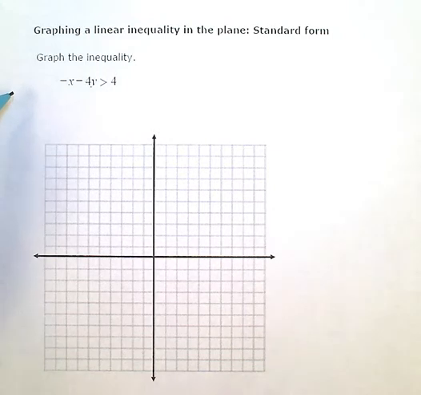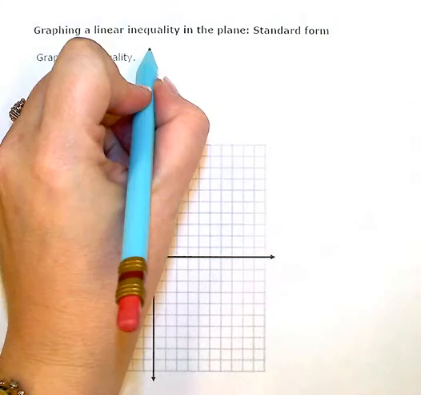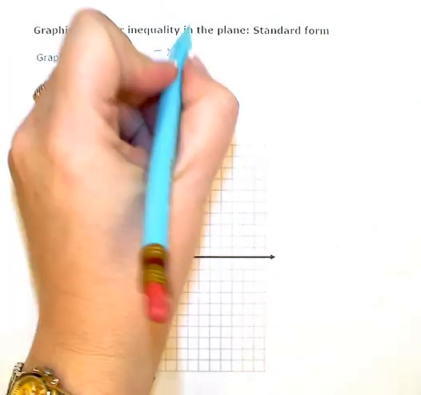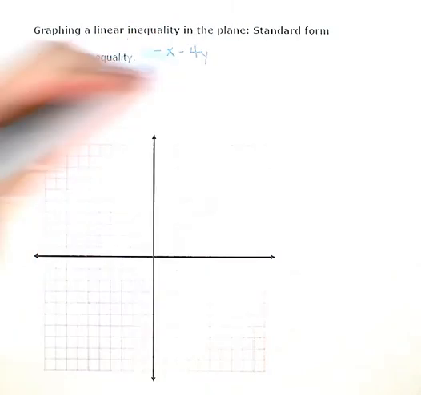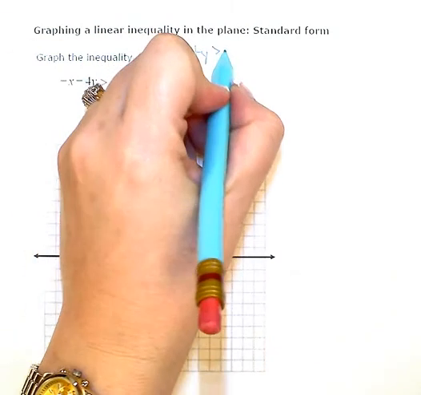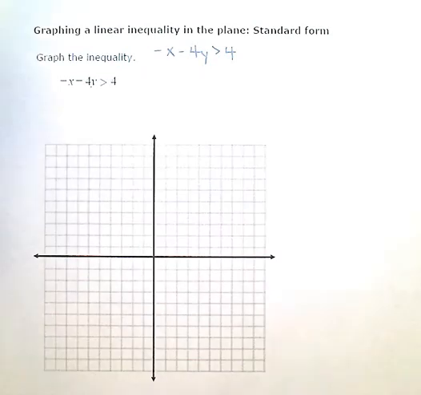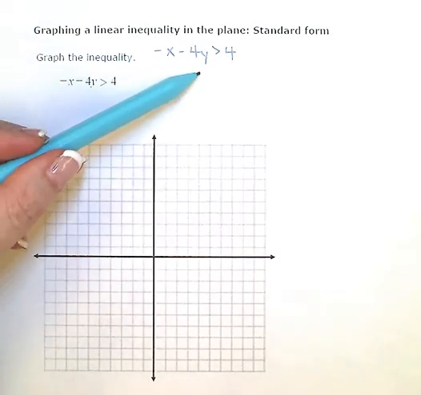Okay, so I'm going to write negative x minus 4y is greater than 4. Okay, and then I'm going to solve for y, or try to get this y isolated or by itself.